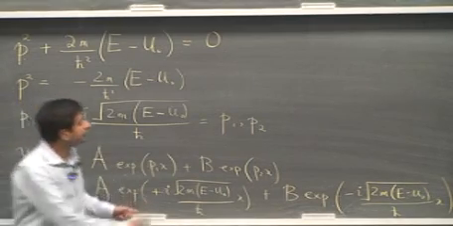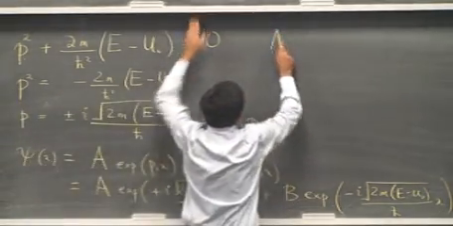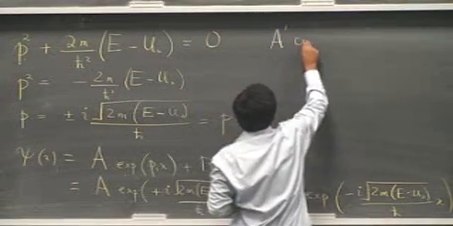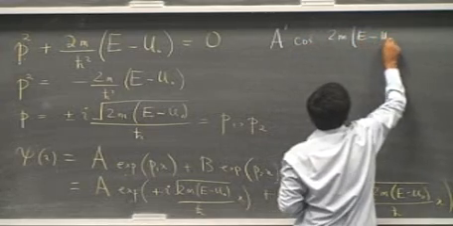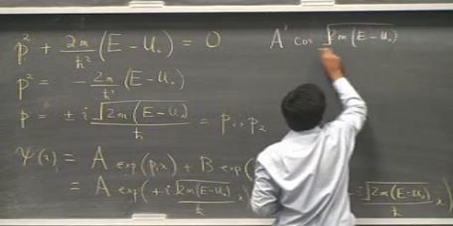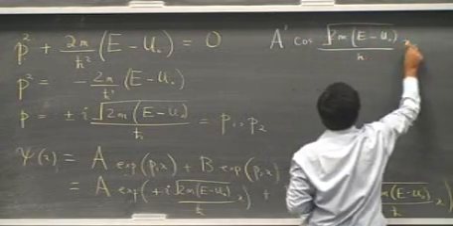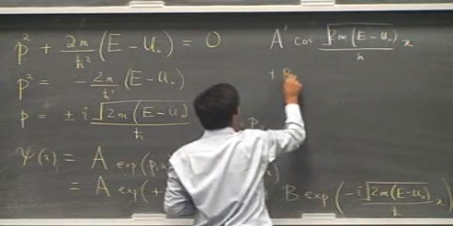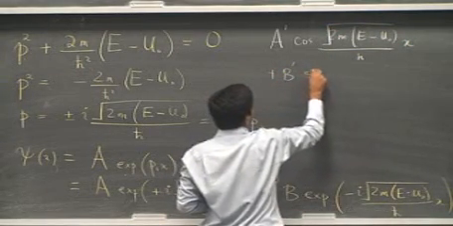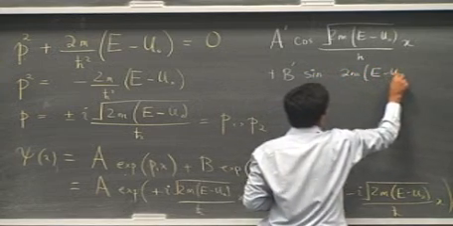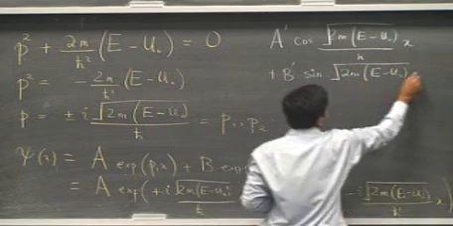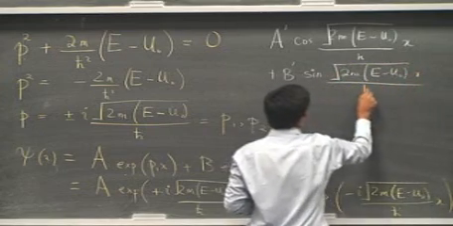You can write this function in the following form as well: A dash cosine of the square root of 2m E minus U naught over h bar times x, plus B dash sine of the square root of 2m E minus U naught over h bar times x.